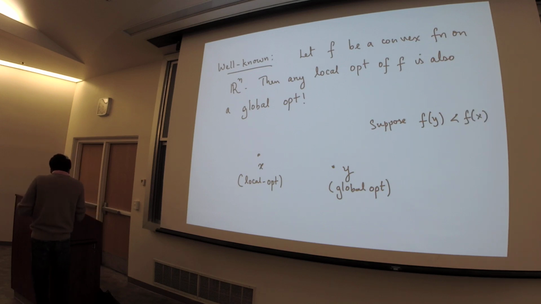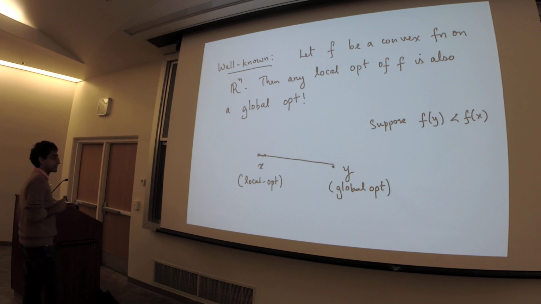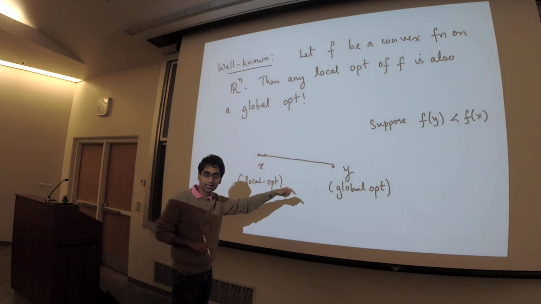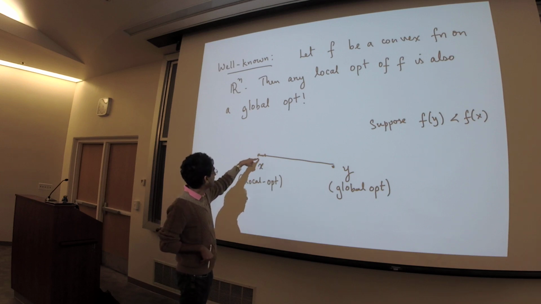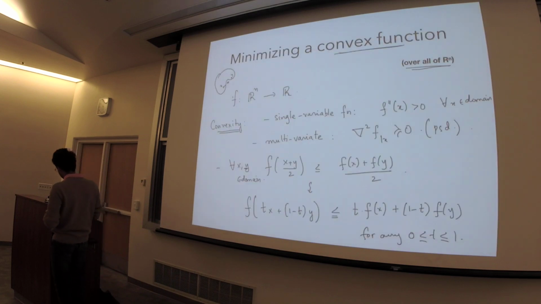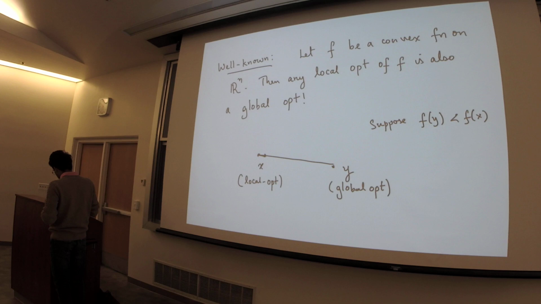Now what you can show is that if I look at the line joining these two, and look at some point pretty close to x, but along the direction of y, by using this inequality, you can argue that the value here, some x prime, f of x prime, is strictly smaller than f of x.